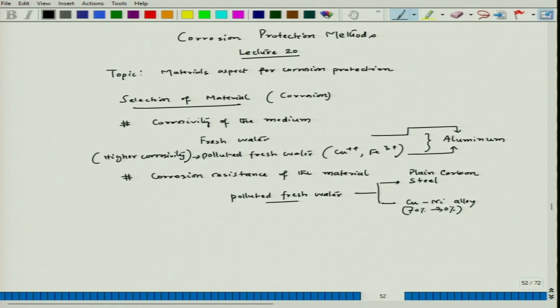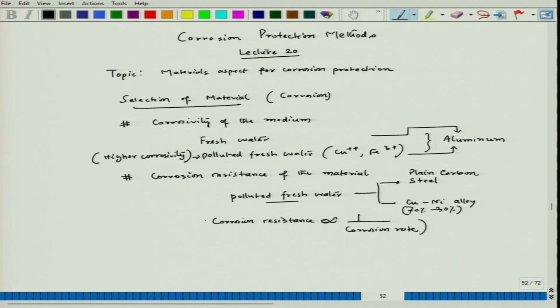So, if the corrosivity is fixed, that is, the medium is fixed, then different materials can have different corrosion resistance, and the corrosion resistance can be written as the inverse of the corrosion rate in the same medium.